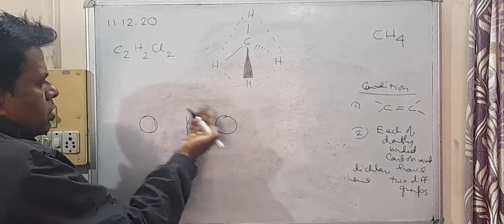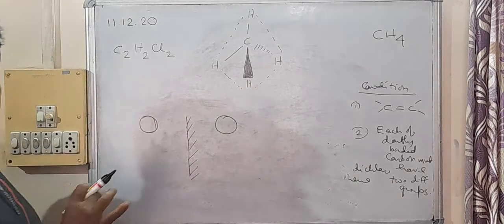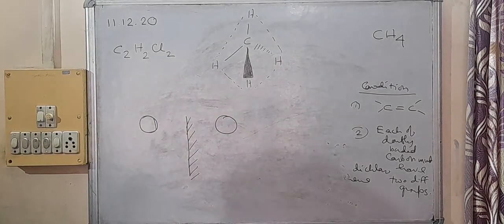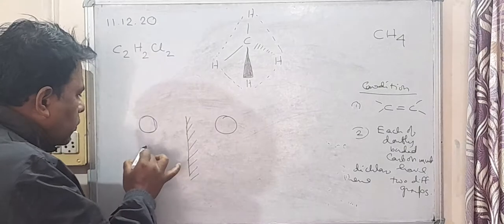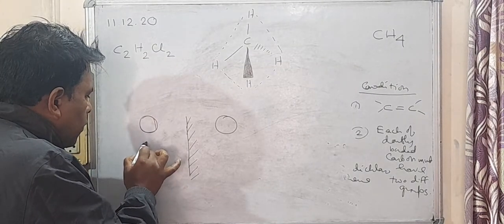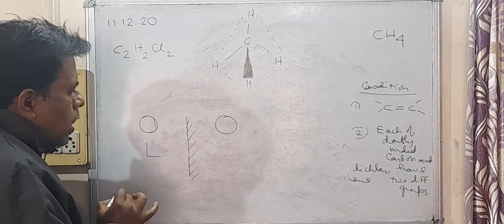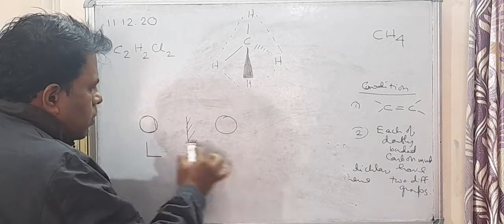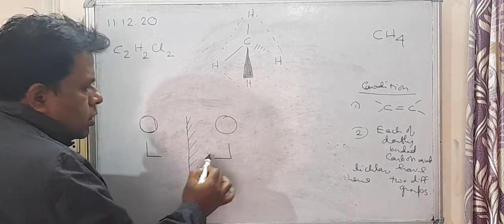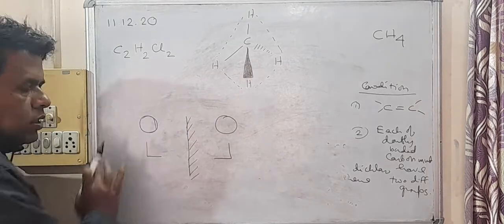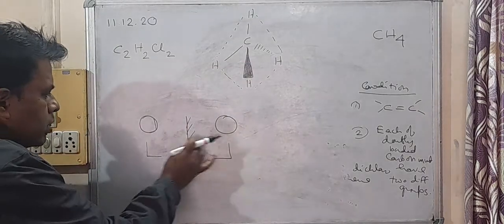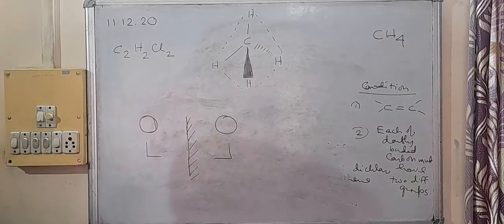And if I bring it and put it over it, then they will coincide. But if we take this object L, the image of this will be like this, and it will not coincide. If I bring it and put it over it, it will not coincide.